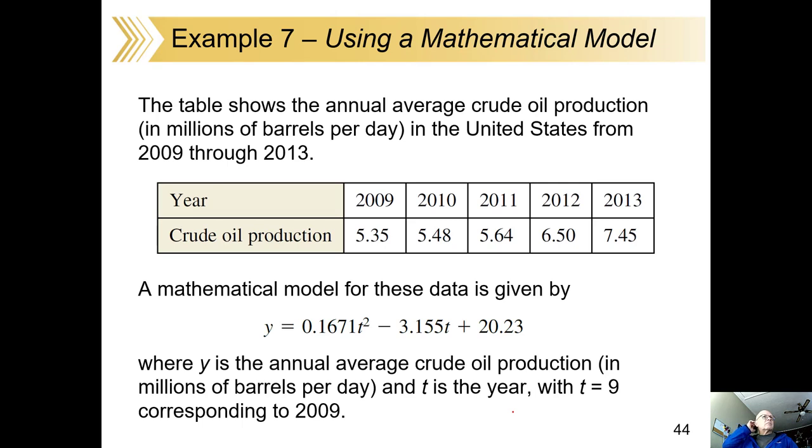Model. And this table shows years and crude oil production from 2009 to 2013. What you see about 2/3 of the way down here is the mathematical model for these data. Y represents the production in millions of barrels.